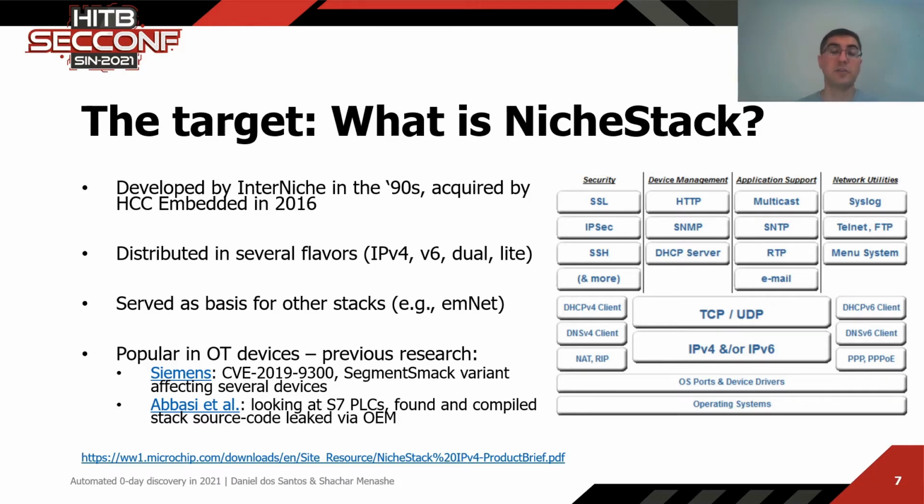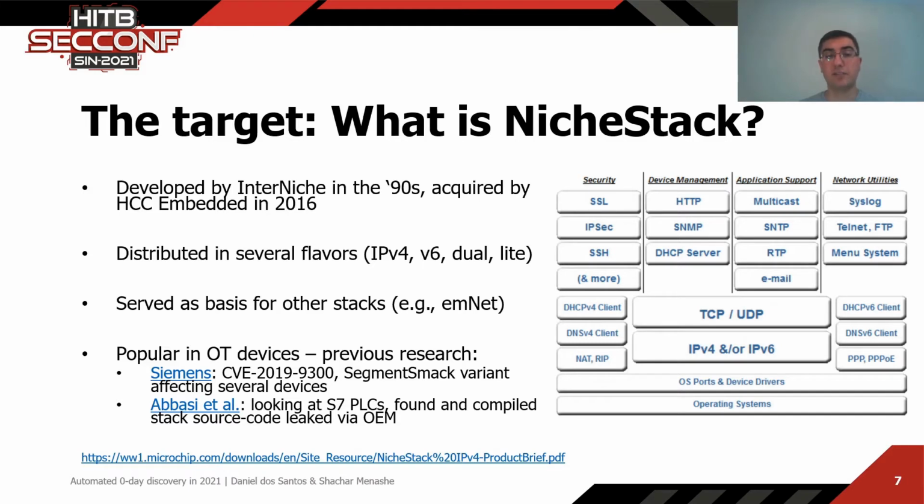So if you think again about the supply chain, it's even stack to stack in a way. So some TCP/IP stacks are derived from others and then end up in operating systems that then end up in different products. And even before starting this research, we knew that this stack was popular in OT devices because previous research by others had shown that it was used in several Siemens PLCs, for instance. Siemens found a sequence number variant that affected several devices, and that was called CVE-2019-9300.